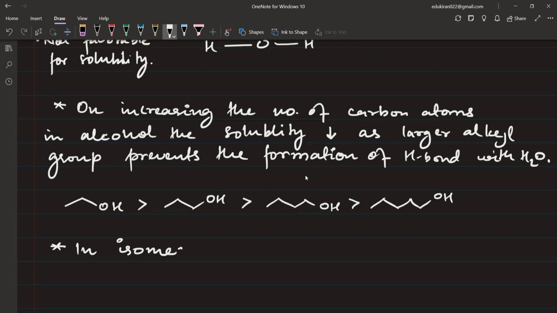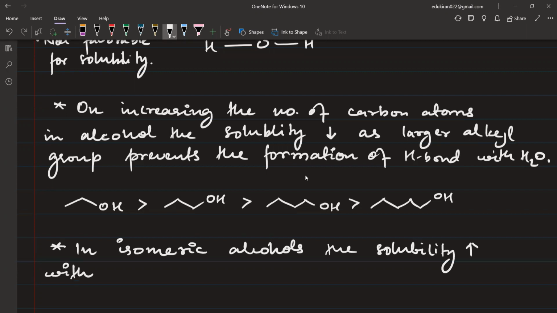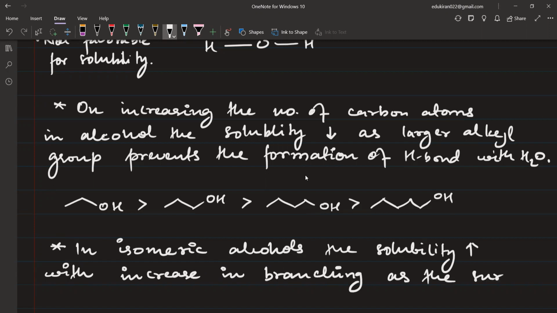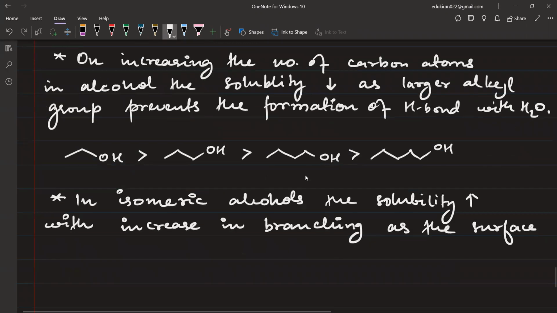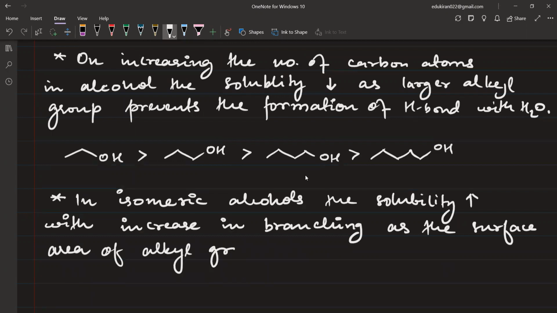In isomeric alcohols, solubility increases with increase in branching, as the surface area of alkyl group decreases.